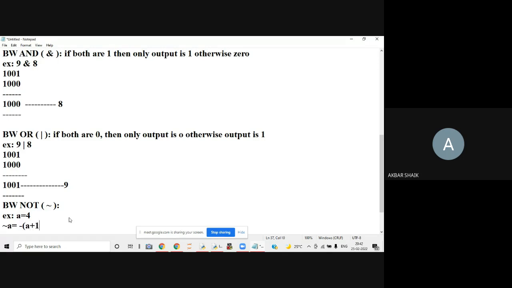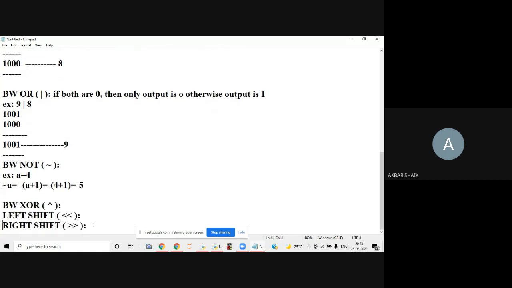This is a simple formula. That is minus of 4 plus 1, which is minus 5. If I take a value as 4, then the result of bitwise NOT of a is minus 5. Anyway, we'll see all these things programmatically, no problem.